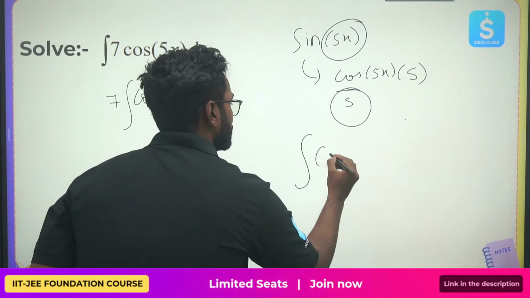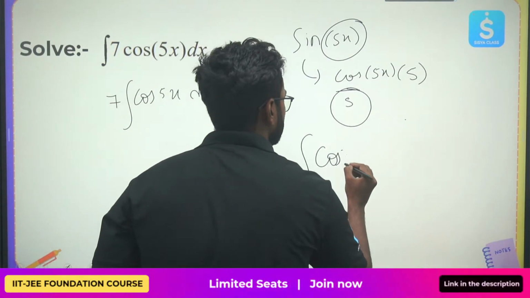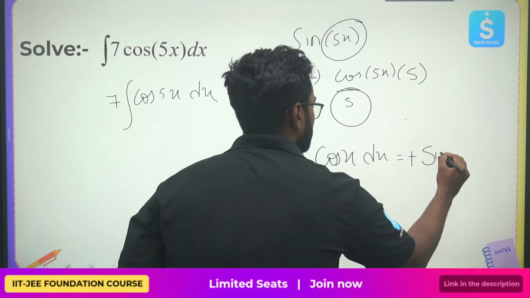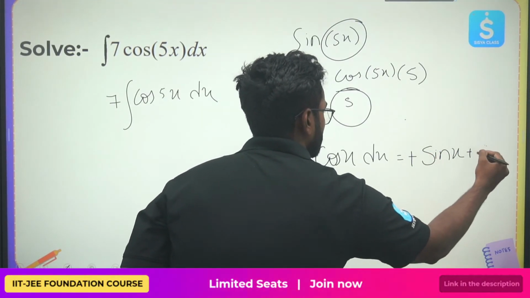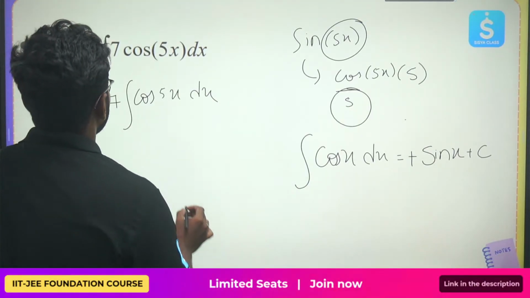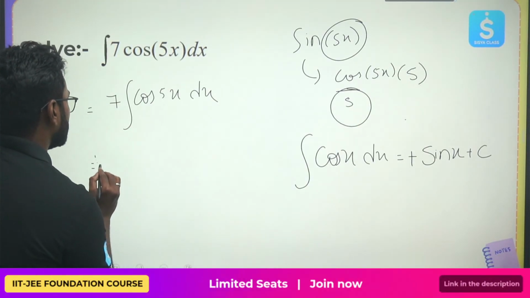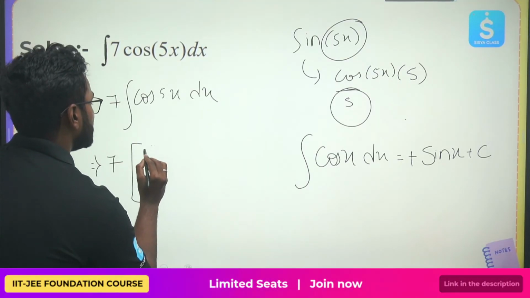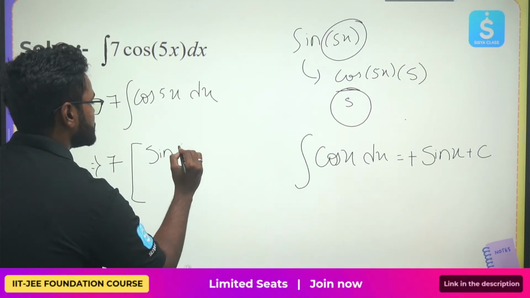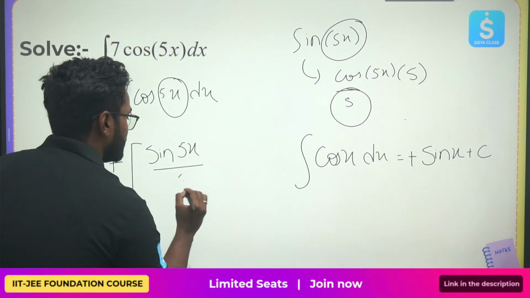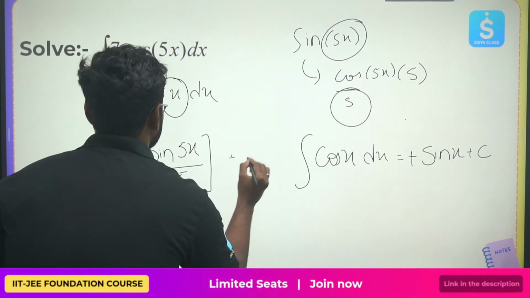Integral of cos x dx would be positive sin x. So that should be 7. If I open this bracket, this would be sin 5x, and if I integrate the inside 5x, it would be divided by 5, right? Plus c.